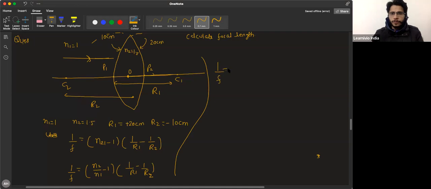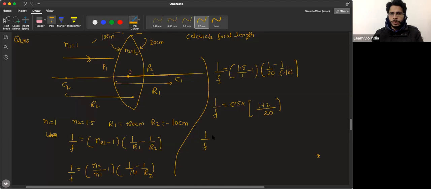See, 1 by f is n2, which is 1.5, by n1, which is 1, minus 1, into (1 by r1, which is 1 by 20, minus 1 by r2, which is minus 10). So 1 by f is 0.5 into, 20 is LCM, it's 1 plus 2.